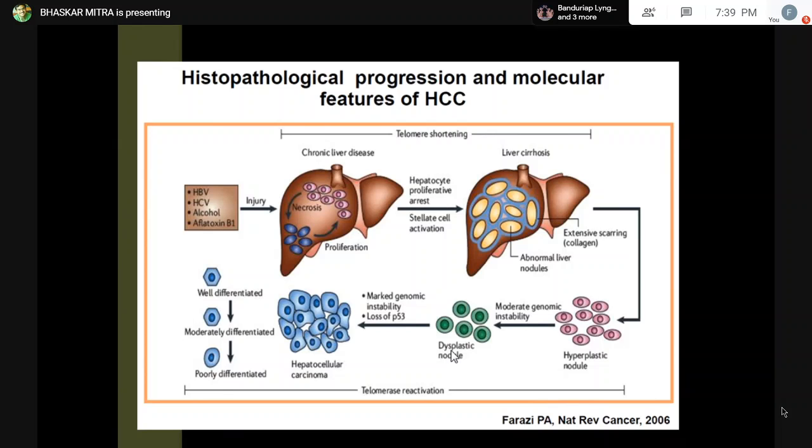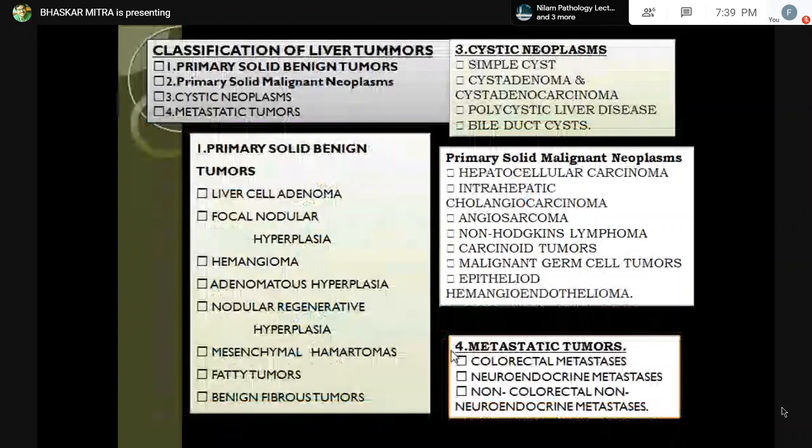Now, how do we approach these liver lesions? Some books show these vast charts. They approach these cases as whether the lesions are solid or cystic. If the lesions are solid, which benign conditions are we looking at?